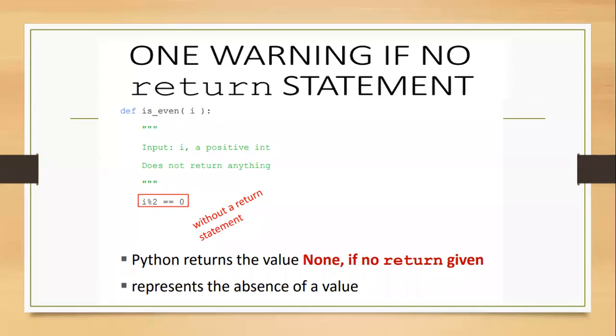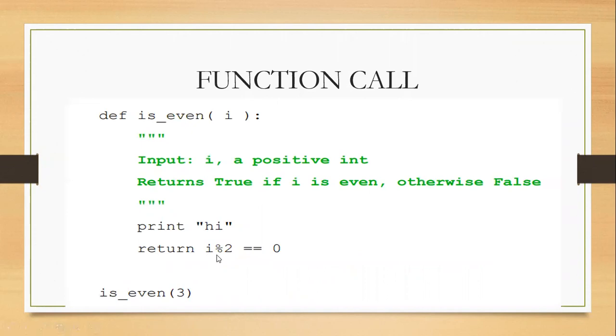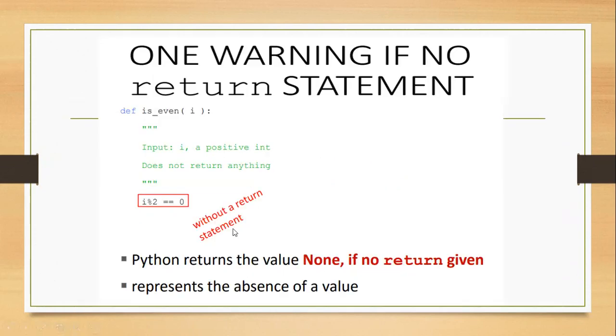One warning is that if there is no return statement, then Python will return a value None. For example, if I run this program, it will just give me the word None, because it is not supposed to return anything. Remember, here we have return. Here we don't have return.